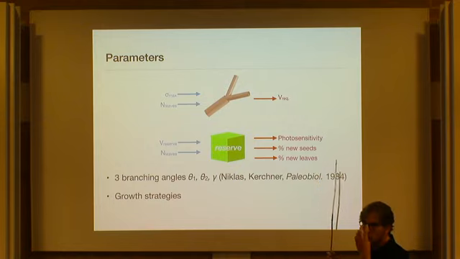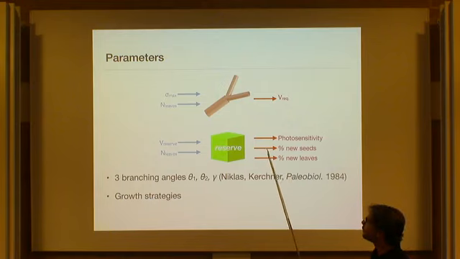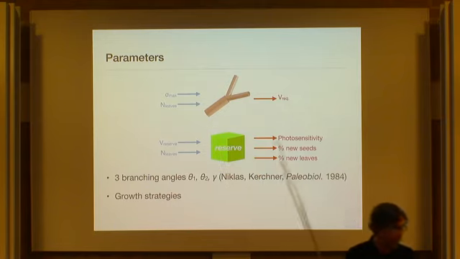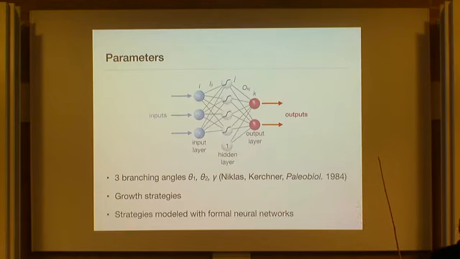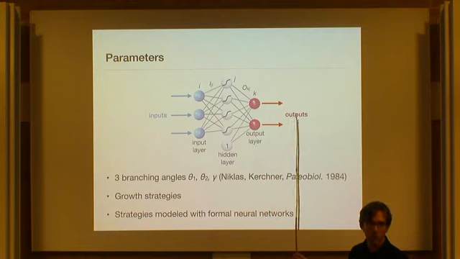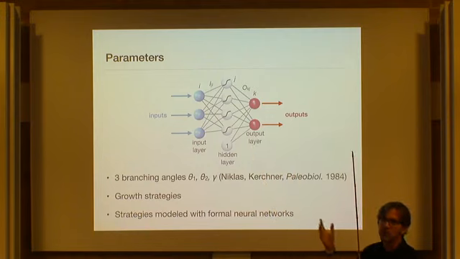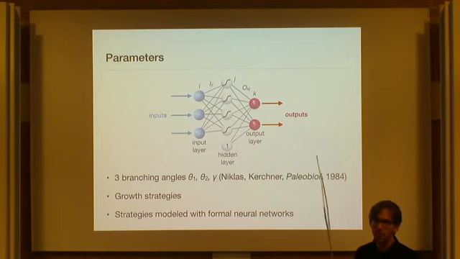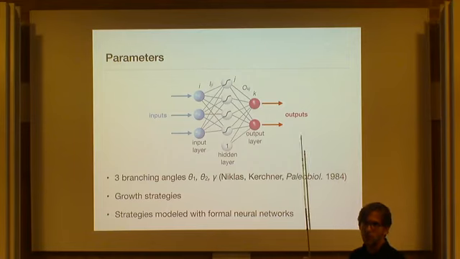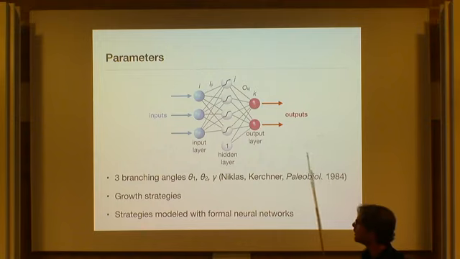And one way to model the regulation of growth, or the strategy of growth, is to model these functions through formal neural networks, not because there are neurons in trees, but because it's a way to model nonlinear functions. In some sense, it's a way to model the biochemical regulatory network of all these things in a simple way.